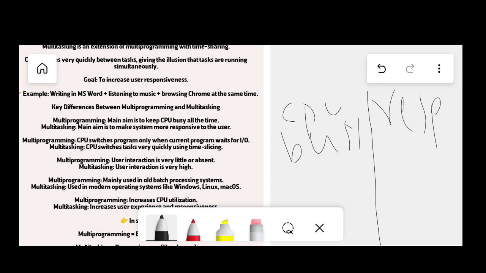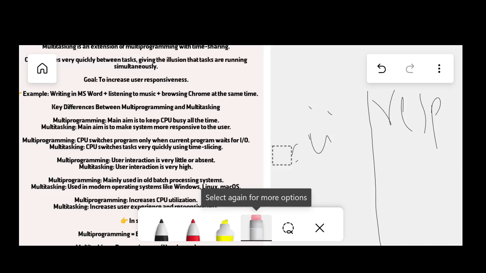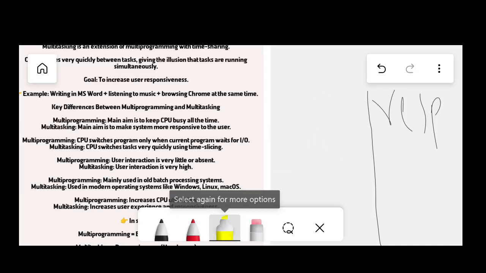Then in multiprogramming, the CPU switches only when a program waits for input or output. And in multitasking, the CPU switches very quickly using time slicing.